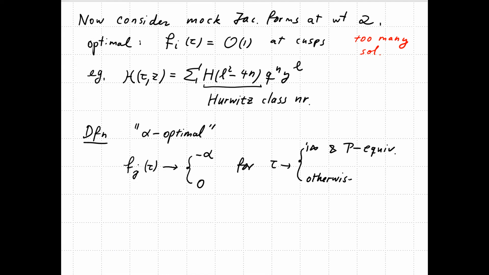So it's almost like a cusp form, except where you can have a finite value at one cusp that's given. So now we can phrase an interesting classification problem, and let's see what the result here is.